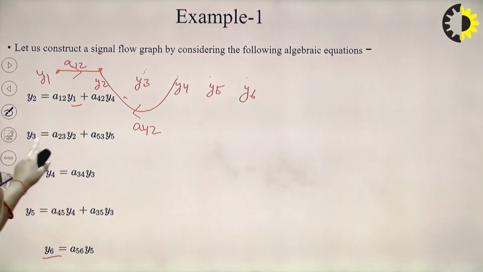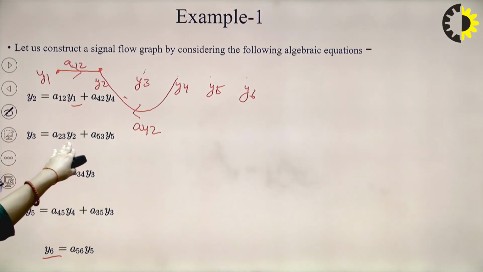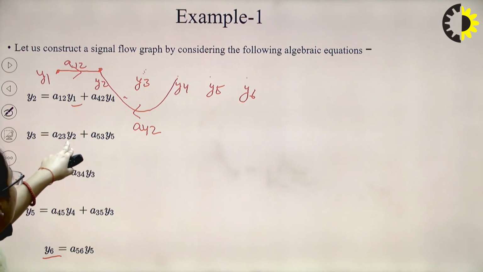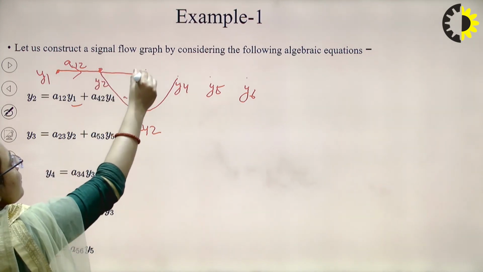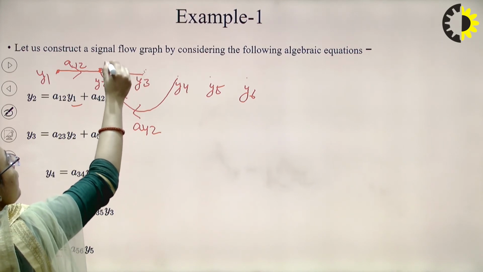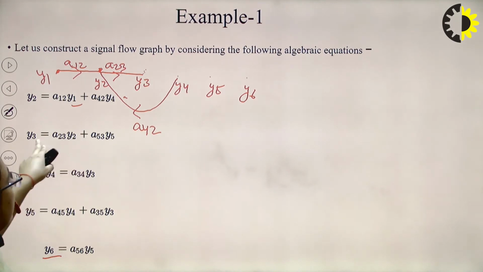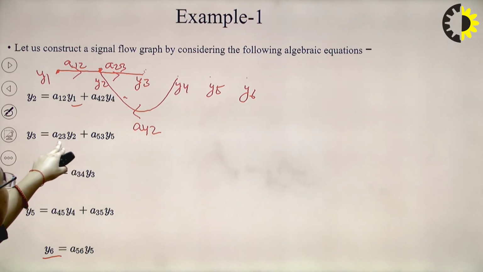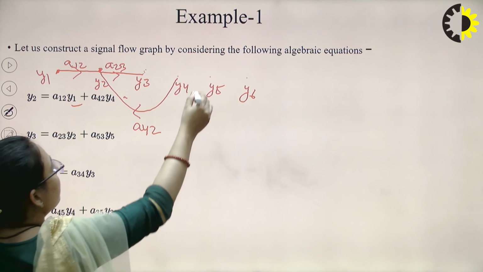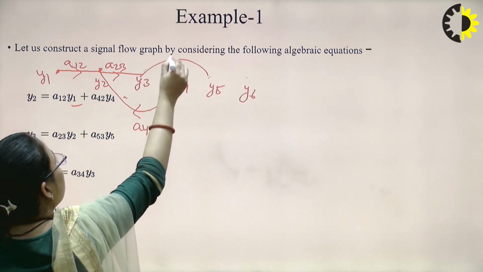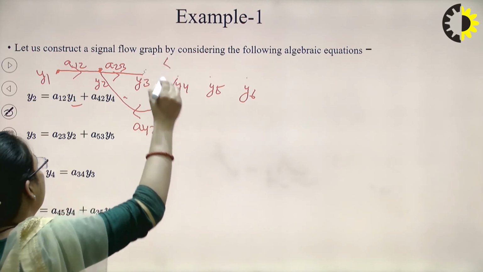Now y3 will be equal to a23 into y2 plus a53 into y5. So from y2 we can draw this like this, and this will be a23. Now y5 is connected to y3.